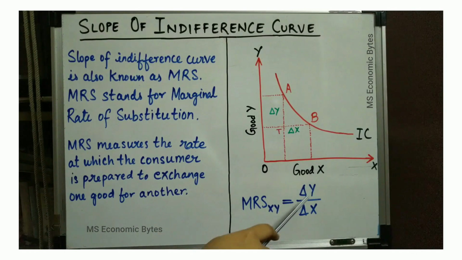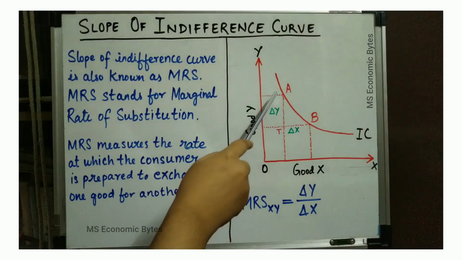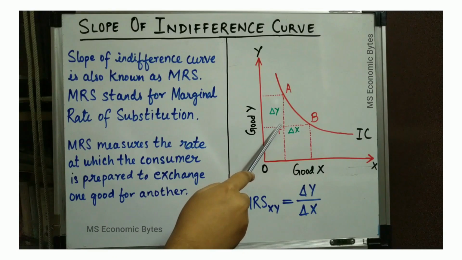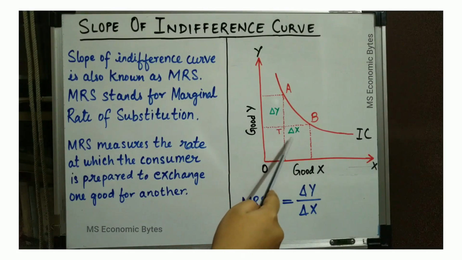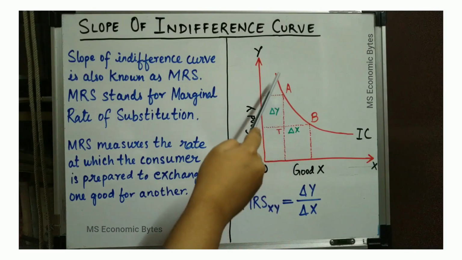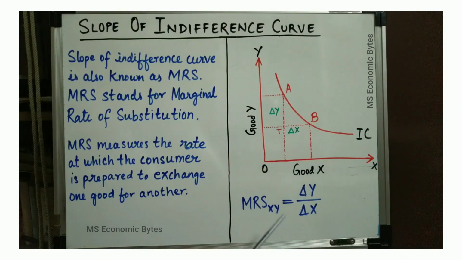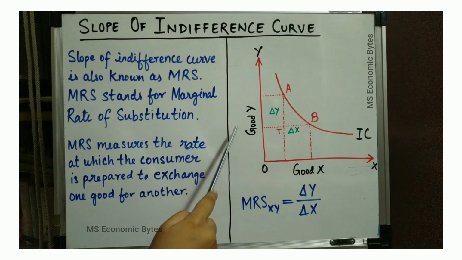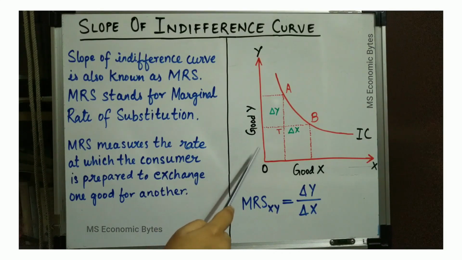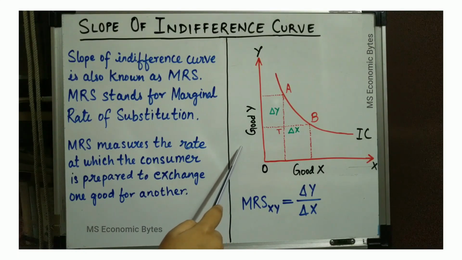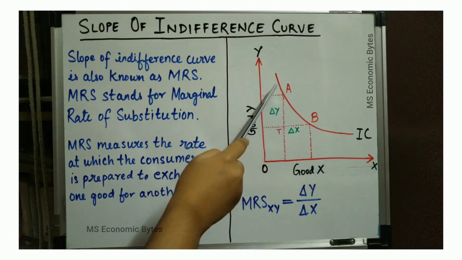Here it is written MRS XY is equal to delta Y by delta X. MRS XY means the marginal rate of substitution of good X for good Y, which is equal to the change in Y by the change in X. This basically means the amount of good Y the consumer has to compensate in order to get one extra unit of good X, so that he or she will remain on the same indifference curve.